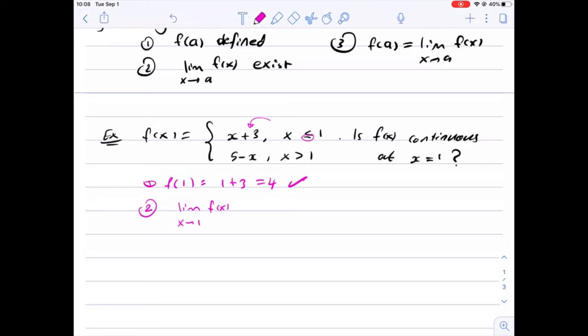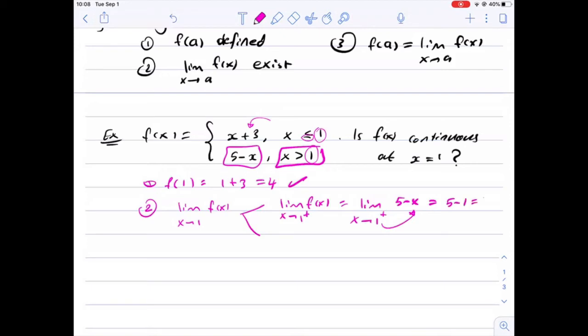But here the function is defined by more than one rule around 1. So we need to find the limit from the right and the limit from the left. The limit from the right means x is greater than 1, so the rule is 5 minus x. Then we plug in 1 and get 5 minus 1, which is equal to 4.